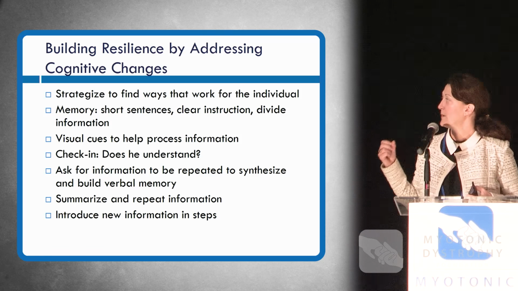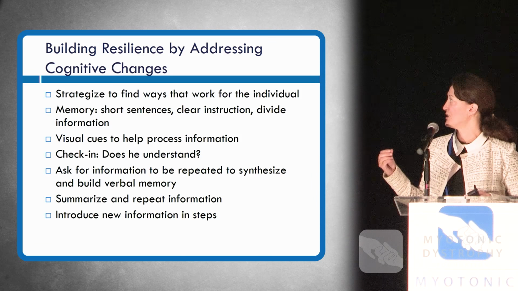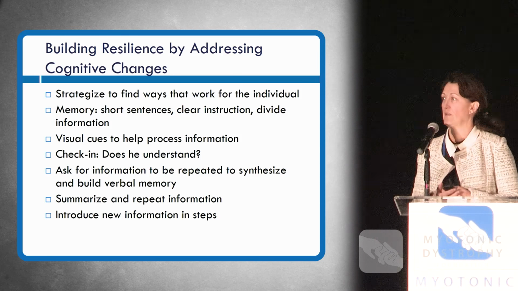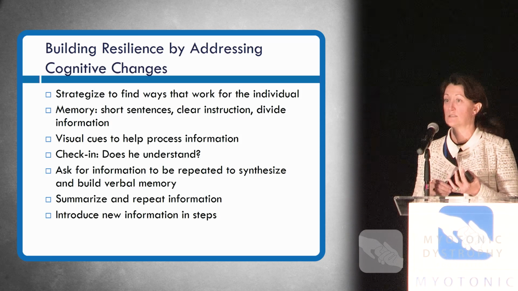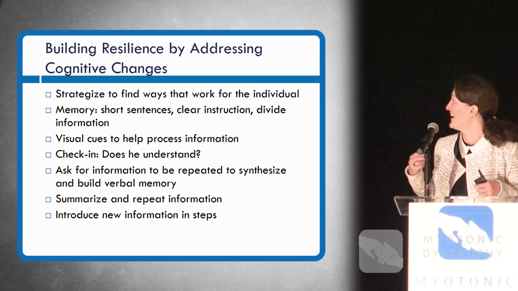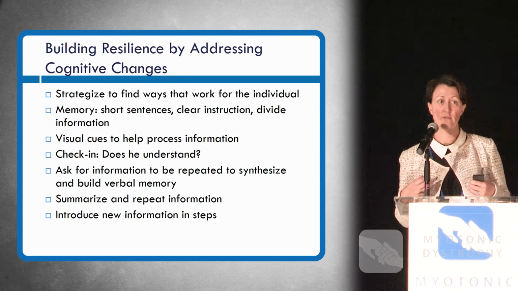Particularly when we're talking about memory problems or memory changes, we can do certain things in working with individuals. We can shorten sentences. We can slow down how we speak. Sorry, I'm a fast talker. We can give clear instructions. We can divide information.